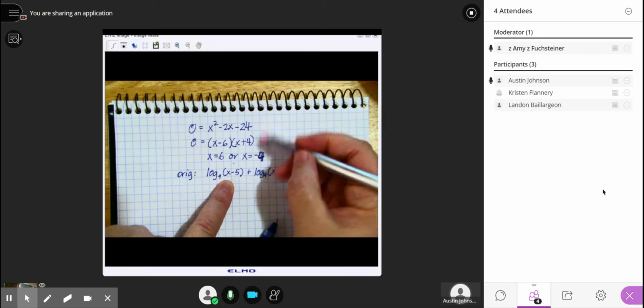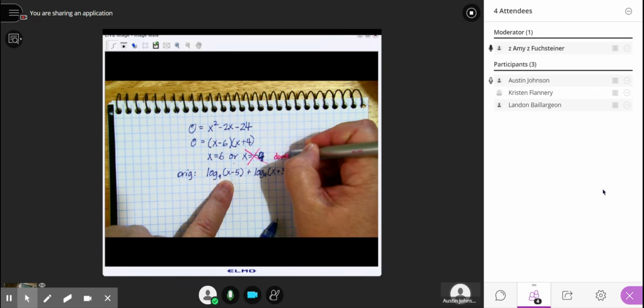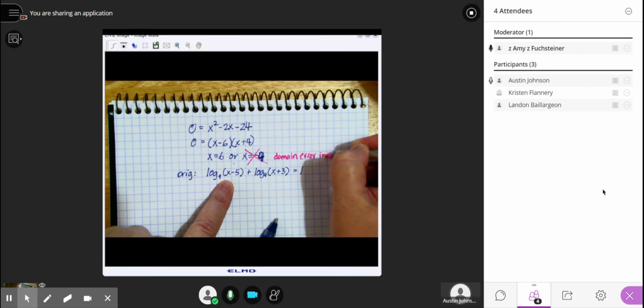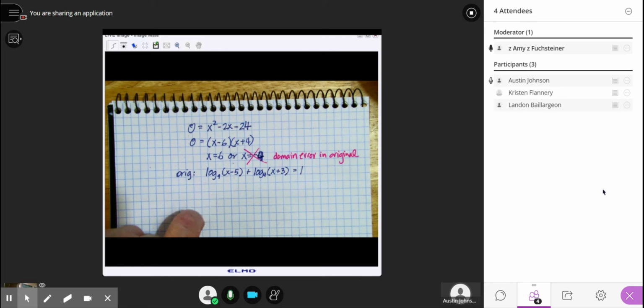So we're going to eliminate x equals negative 4 because it'll give us a domain error in the original problem. In other words, I can solve for that x value, but it doesn't work in our domain, because remember, logarithms can only be taken for positive numbers.